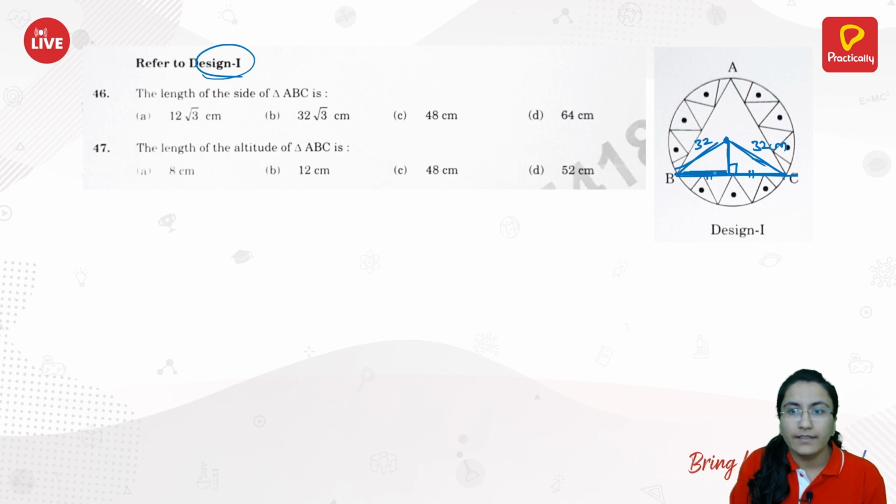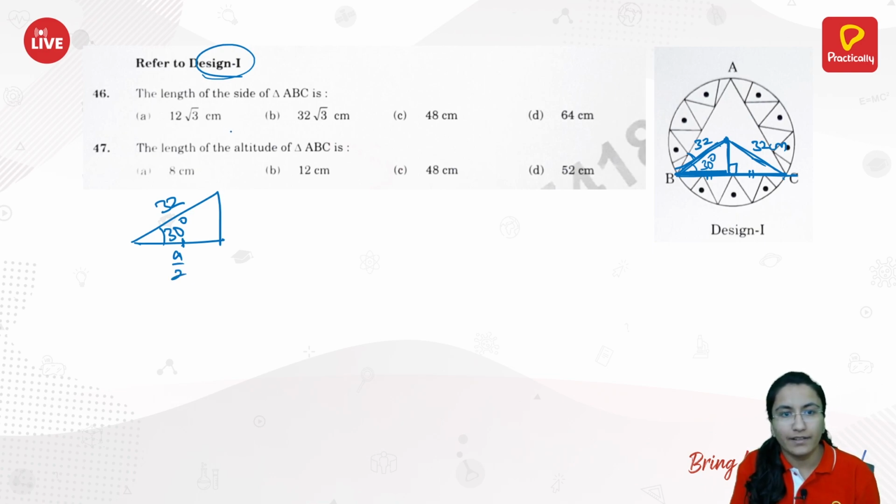So how to find this length? We can find this length easily. As this is an equilateral triangle, once you draw this radius, it divides this angle into equal parts, which is 30 degrees each. So you have this triangle: this angle is 30 degrees, this is 32 centimeter, and this is half of the length of the side of triangle ABC.